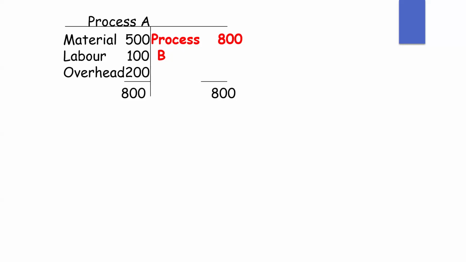So let's see this process A account. In the process account, you can see material, labor, and overhead on the debit side. Then the output of process A is transferred to the process B account.